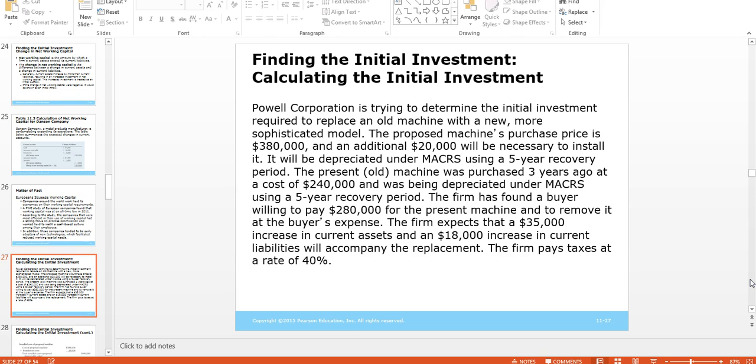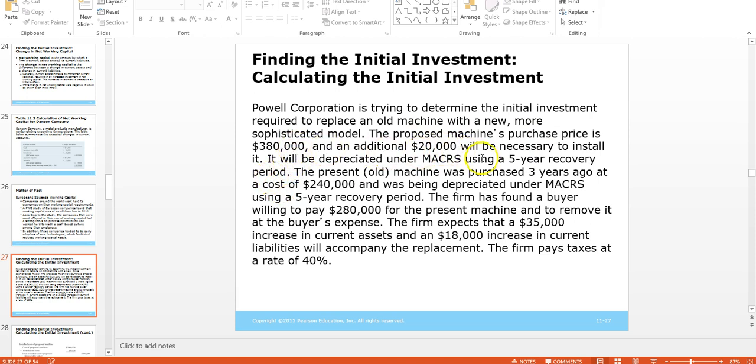All right, so let's go through these numbers here. Powell Corporation is trying to determine the initial investment required to replace an old machine with a new one. The proposed machine's purchase price is $380,000, and you're going to have to add $20,000 to install the machine. That brings you up to $400,000.